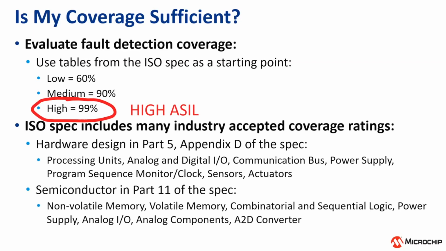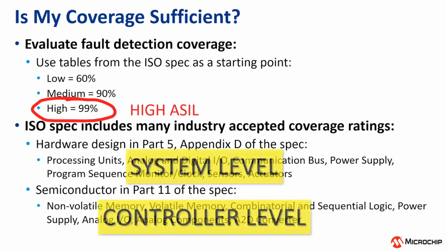Part 11 is a little bit more geared towards semiconductors, and it looks at chunks of controllers like memories, sequential logic, analog components, and analog to digital converters. So part 5 is really looking at the system level, and part 11 is looking at the controller level, or the MCU or MPU level.